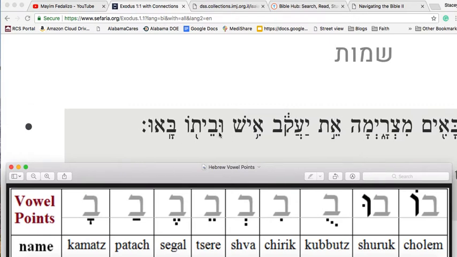Okay. Then we have a vav with a shuruk, so he goes u, a veit, so it makes a v sound, uv, yud, tav, and a cholam, vav with a cholam. So it goes uv yito, uv yito.